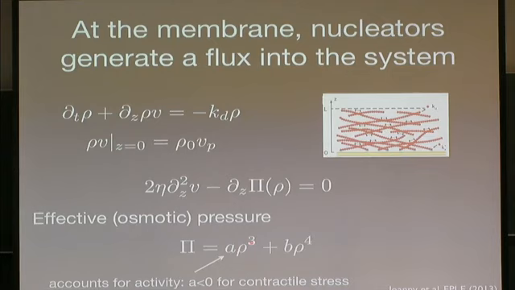And so we take this prefactor A to be dependent on the activity, so this one can become negative, and therefore you can really have a non-monotonic dependence, whereas the B term is just a stabilizing term. If you get too high densities, then you want the pressure to prevent them from becoming still higher.